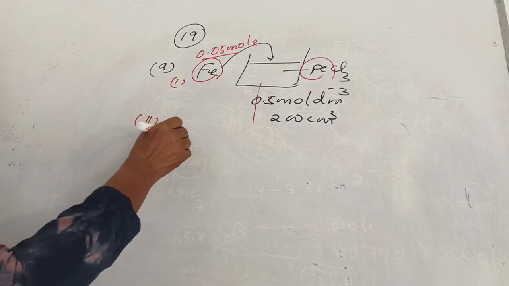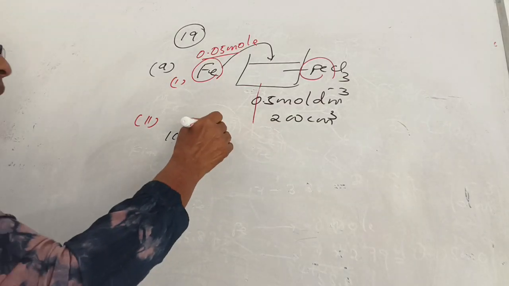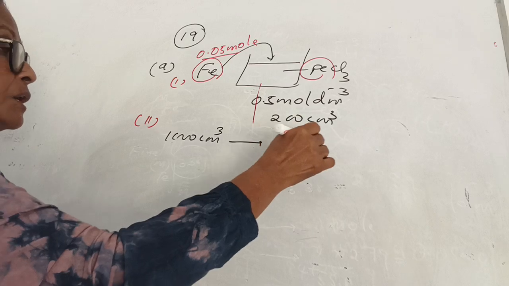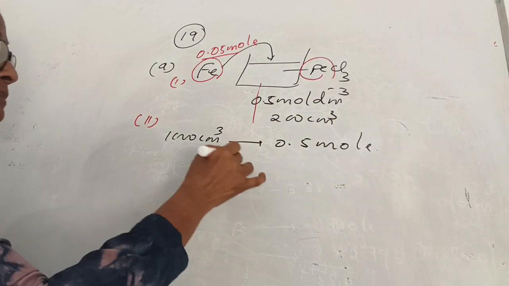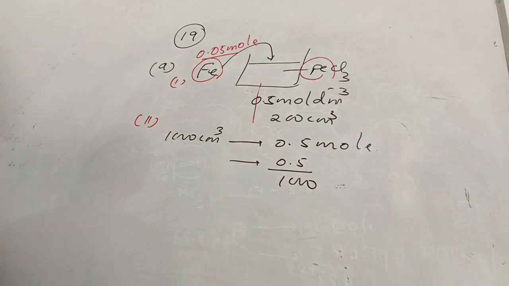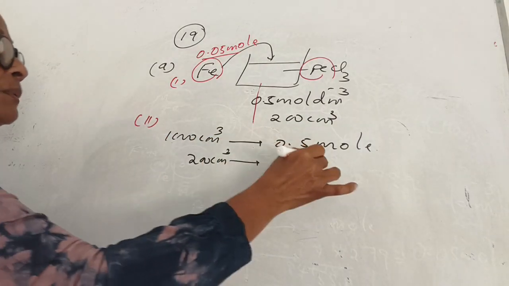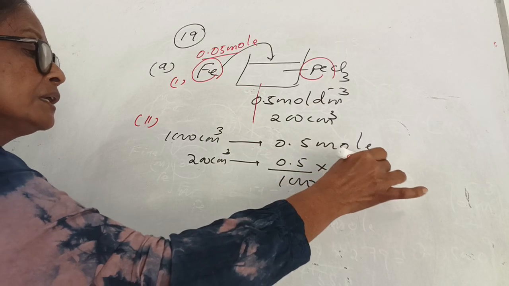In 1000 cm³ there are 0.5 moles of iron chloride, because it is 0.5 mol per dm³. For 1 cm³ it is 0.5 divided by 1000, and for 200 cm³ you multiply by 200.